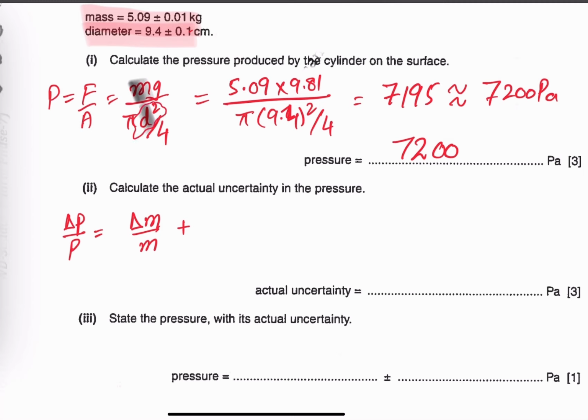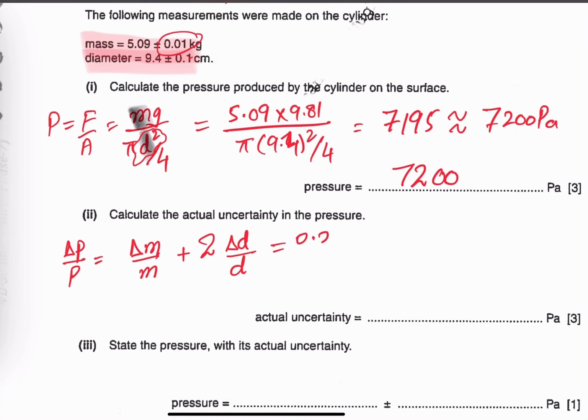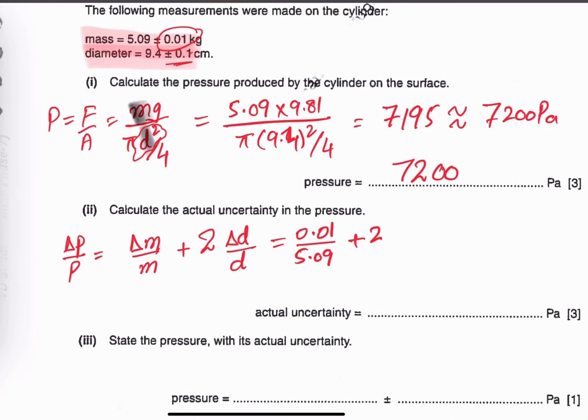There is a power 2 as well, so you have to multiply with the power 2, delta d divided by d. Putting the values, m is 0.01 divided by 5.09 plus 2 into 0.1 divided by 9.4.